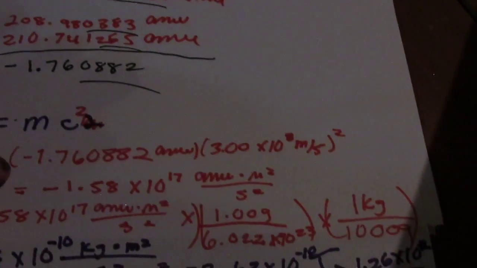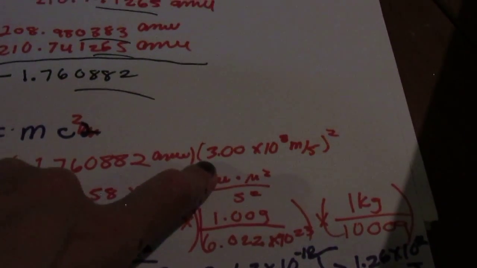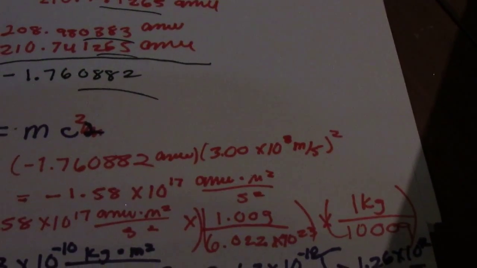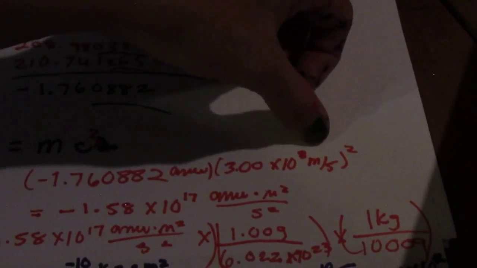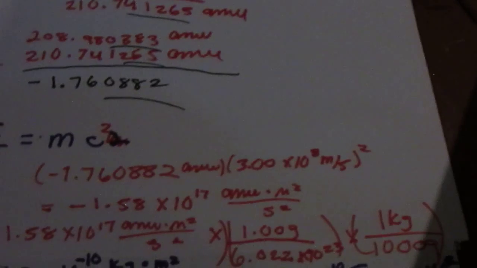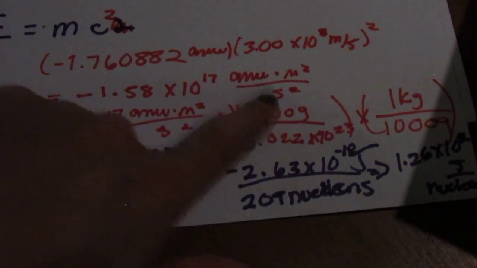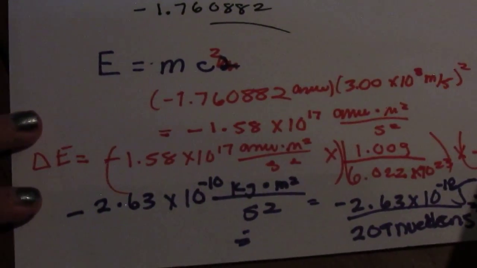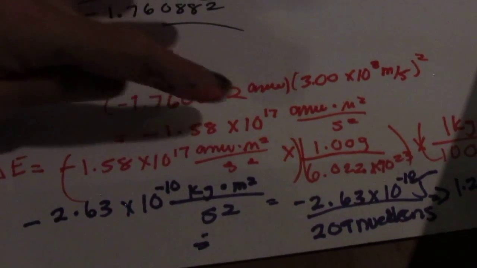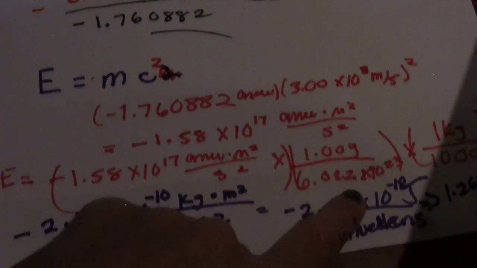We'll place our energy, our change in energy, and the constant for the speed of light, 3.00 times 10 to the 8th meters per second squared. We come down here, this is the answer we gathered, and we do the change in energy. So we place our answer and multiply it to get the moles.